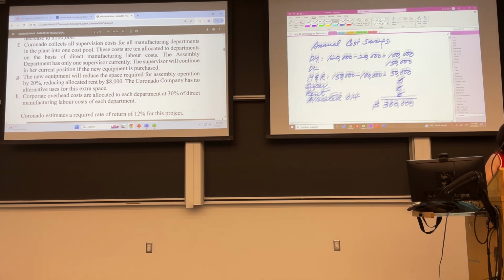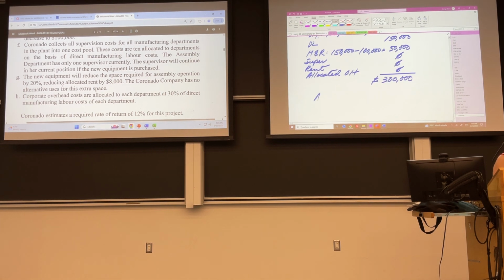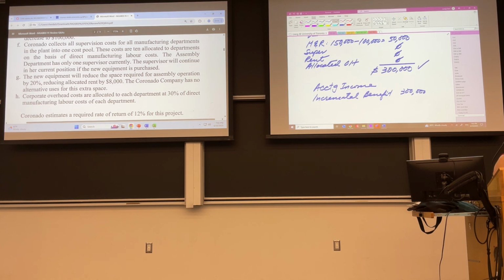So if I want to figure out accounting income, incremental benefit, I'm going to get 300,000 40,000. But then I also have an incremental depreciation, 140,000.